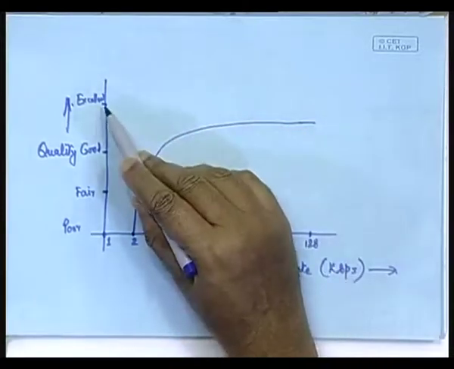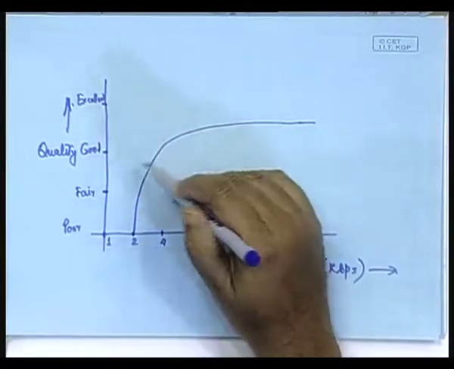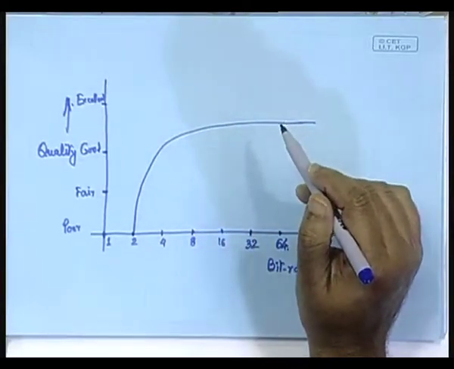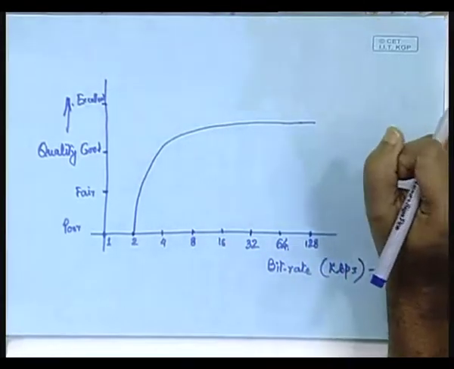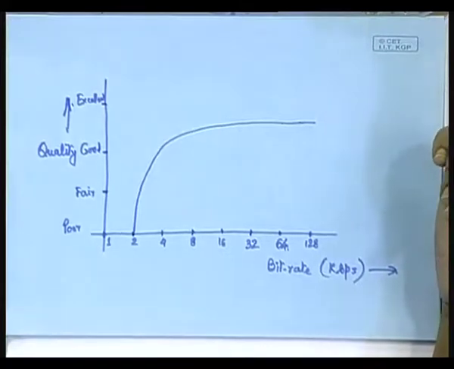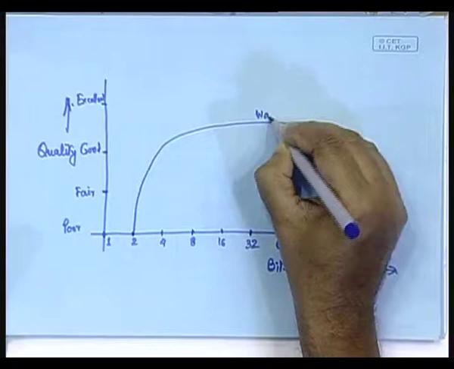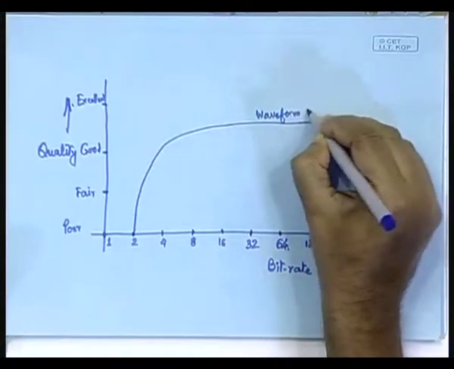Nobody is really rating it excellent, but something between good and excellent. If you want excellent, maybe you have to go for a much higher bit rate. Unless you have absolutely lossless encoding, it is not possible to reach the excellent category, because excellent means that the original speech and the decoded, reconstructed speech should be indistinguishable from each other. So, this is the curve that we should get for waveform approximating coders.